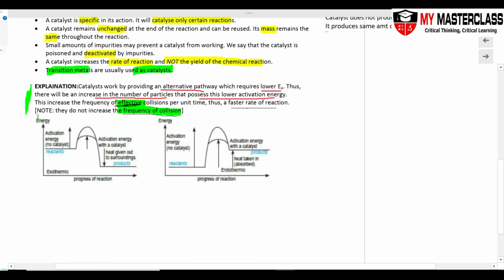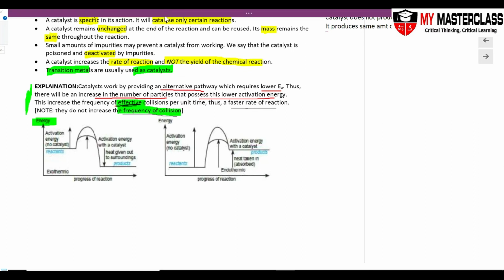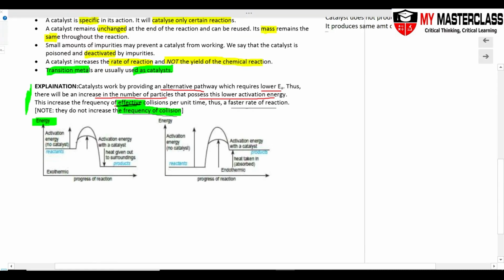And if I have an energy profile diagram, this one is where I learned about energy changes, endothermic, exothermic, right? This is the energy profile diagram that I draw. A catalyzed reaction will have a lower hump. Where's my activation energy?